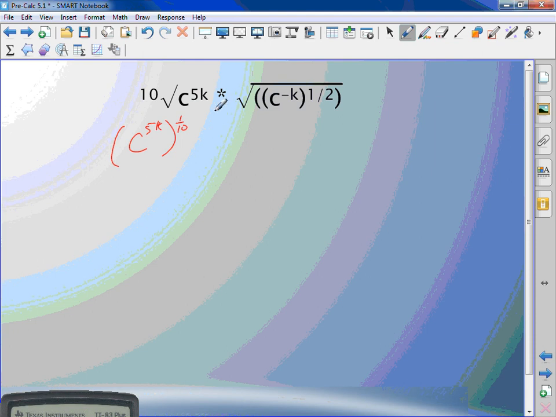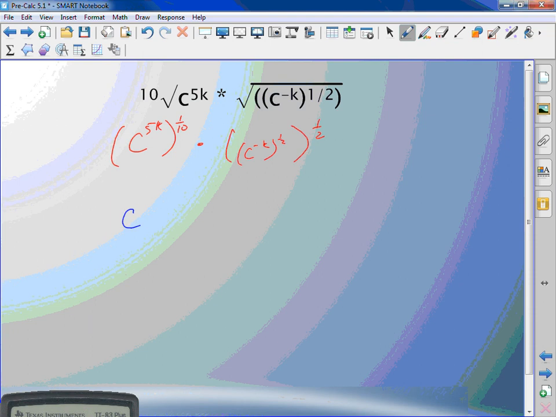Another way I can write a square root is c to the negative k to the 1/2, to the 1/2. Roots just mean it's 1 over that. What do I do when I have exponents to exponents? Multiply.